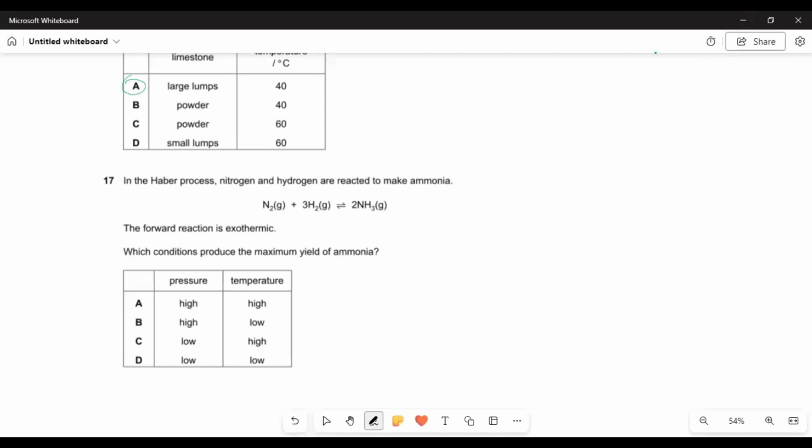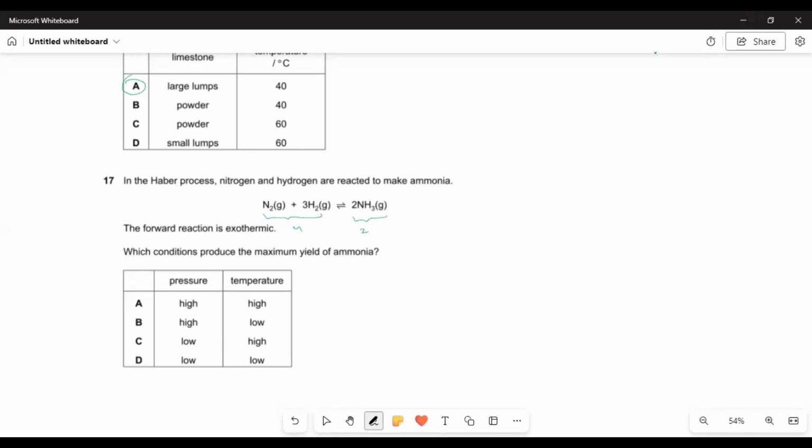Question number 17. In the Haber process, nitrogen and hydrogen are reacted to make ammonia. Reaction is given here. The forward reaction is exothermic. Which conditions produce the maximum yield of ammonia? You know, there are total 4 moles of reactant and 2 moles of product.